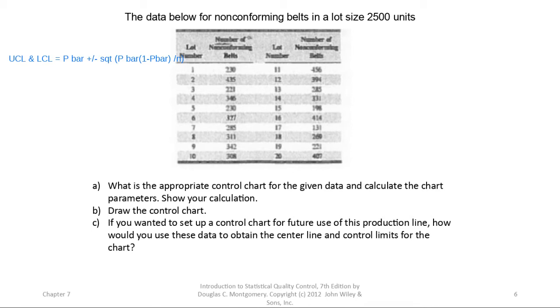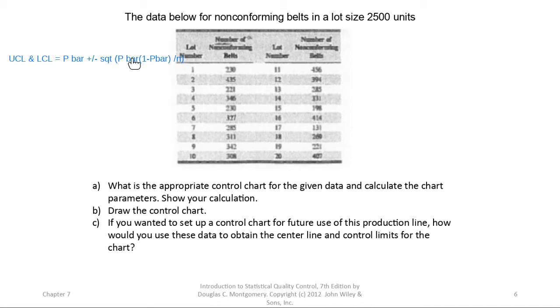So the upper and lower control limits are the average P bar plus or minus, plus for the upper control limit and minus for the lower control limit, the square root of P bar times 1 minus P bar, all divided by n. You can review the P chart slide in chapter 7 to see the formula more clearly there.